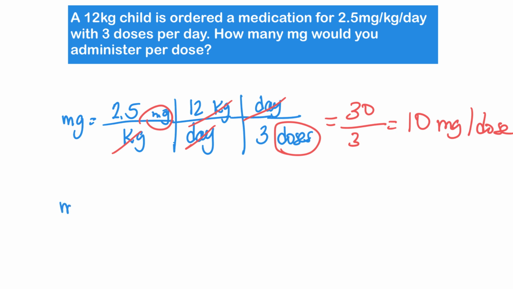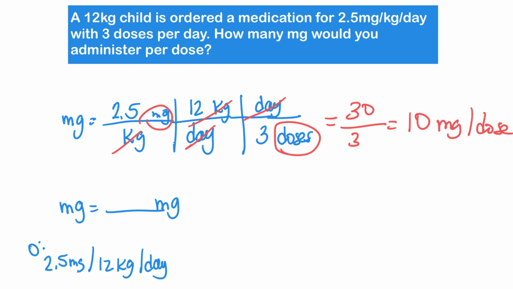All right, let's do it the other way that we talked about before. So we're going to do milligrams, right? That's what we want. Now here we are going to go ahead and look up at the top here, and we're taking a look at our kilograms in milligrams per kilograms per day. So we're going to go ahead and take our milligrams per kilogram. The child weighs 12 per day, and that's going to be what is ordered. So 2.5 times 12 is 30.